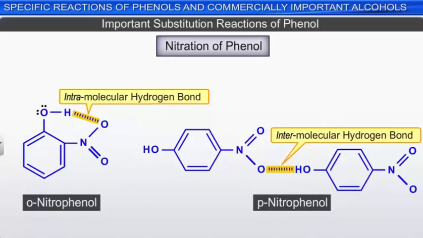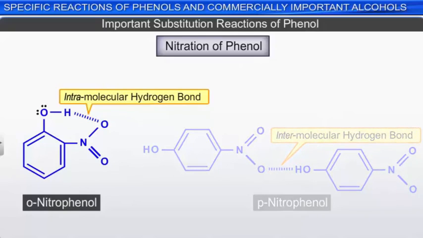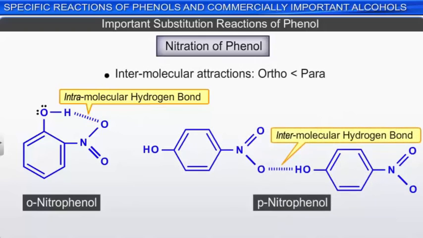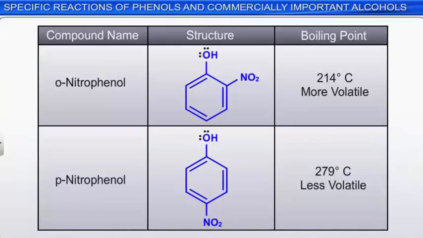Since the ortho isomer has only intramolecular hydrogen bonding, it has weaker intermolecular attractions than the para isomer, with its intermolecular hydrogen bonds. Therefore, orthonitrophenol is more volatile, with a lower boiling point than para-nitrophenol with a higher boiling point.